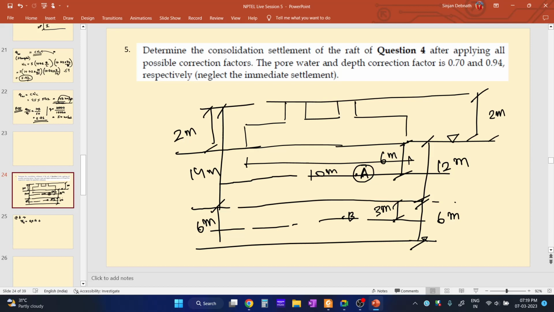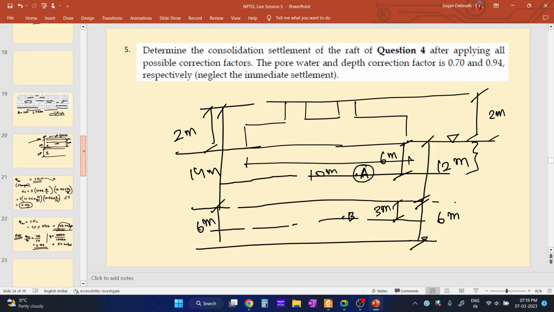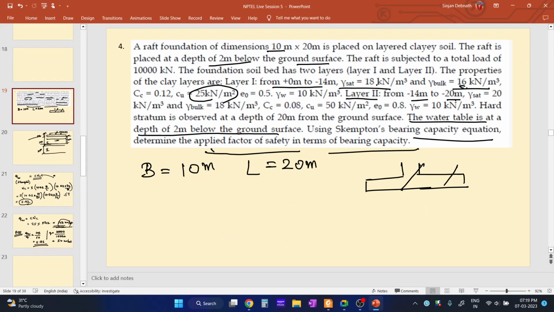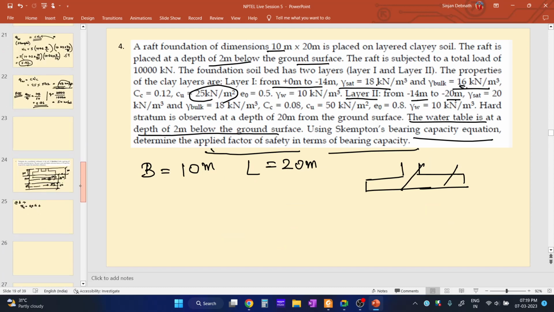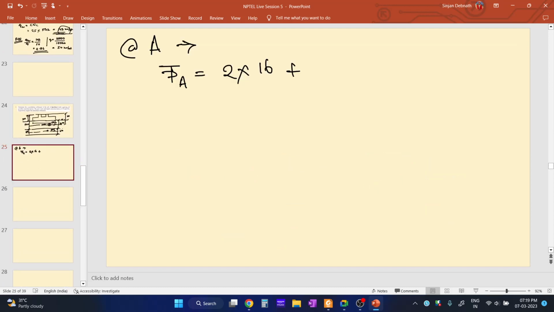And what is the thickness of the submerged portion? It's 6 meter. And what is the saturated unit weight of that portion? Saturated unit weight is 18. So what is the submerged unit weight? Submerged unit weight is 18 minus 10 into the thickness.